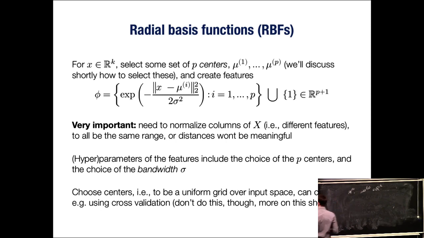So written similarly as we did above, the set of features for a vector x is going to be equal to the set of all this quantity: exp of negative the 2-norm squared of x minus mu^i, the Euclidean distance between x and mu, divided by 2 sigma squared, done for all i equals 1 to p. Of course, if you have all your features, you need to also iterate over them; I'm showing this for a single x. This is how you generate the RBFs.